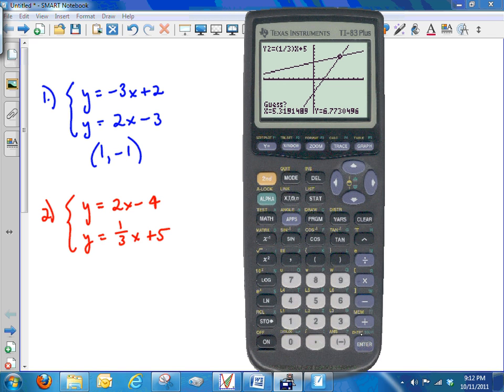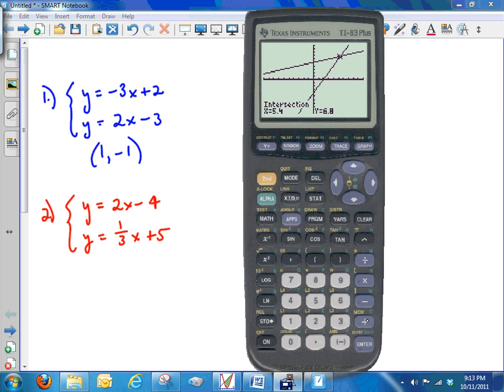And then finally it's going to ask you for a guess. I typically just press enter one more time. On 2 lines, we've done a really good job of getting as close as we can to the intersection point, so it's not too necessary to be picky here. Just press enter one more time. And there we go. My intersection point is 5.4 and 6.8.